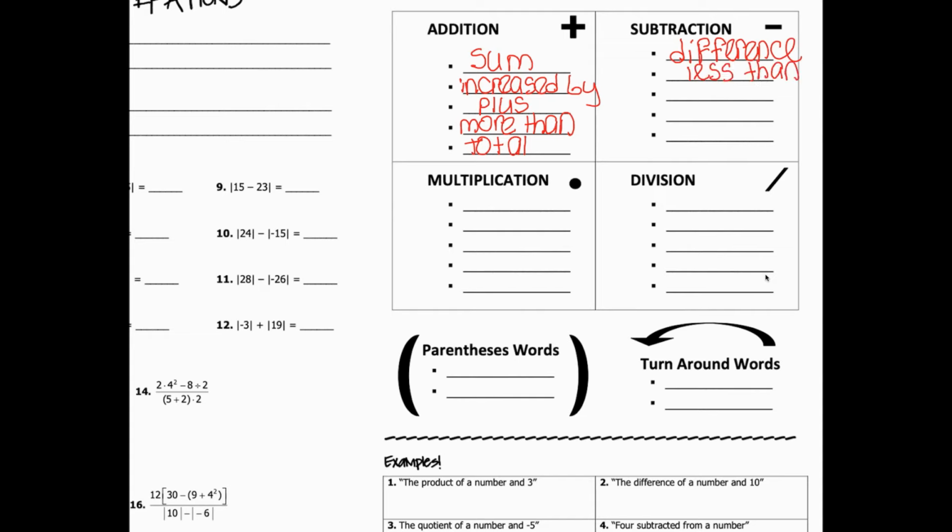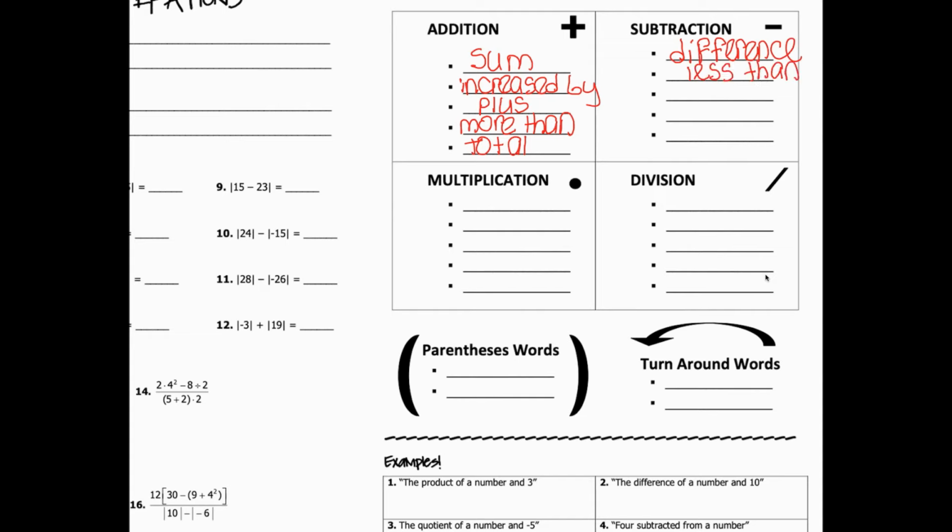Multiplication and division: times is a common term to indicate multiplication. Product, twice, double, and then of is often a word that indicates multiplication. So they could say, find the product of 4 and 5.